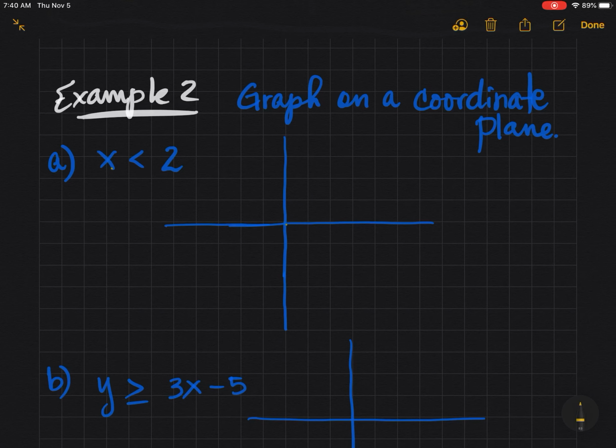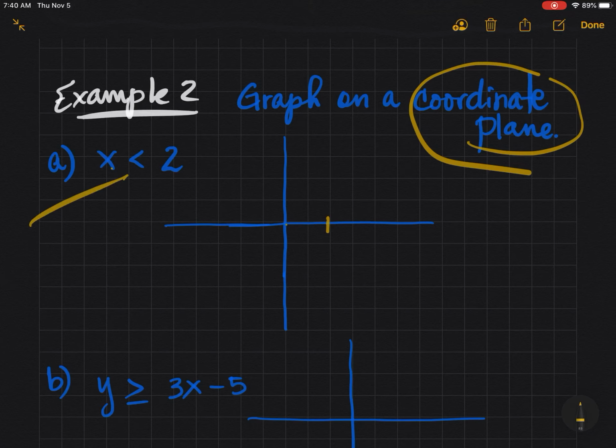Example 2. Let's graph, but now on a coordinate plane. So I'm going to go to 2, and we know that x equations are vertical. So I'm going to ask myself, do I want solid or dotted? It's not equal, therefore I want a dotted line.